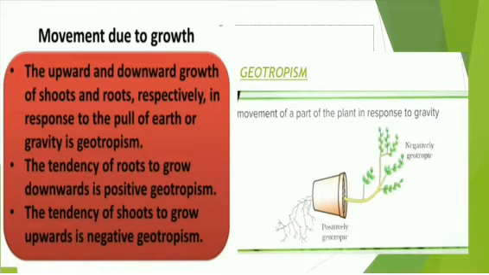Geotropism means growth towards soil, or you can say gravity. Which part of the plant will grow towards gravity? That is the root, so the root is positive geotropism. And the shoot is negative geotropism.